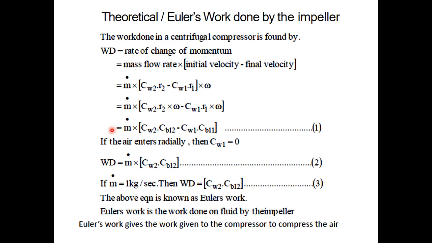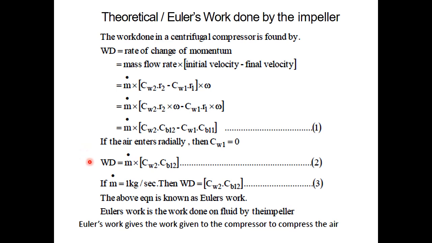Now we know that r omega stands for blade velocity at outlet and inlet respectively. So r2 omega is equal to Cbl2 and r1 omega is the blade velocity at inlet, Cbl1. Substituting that, we get work done equals m dot into (Cw2 Cbl2 minus Cw1 Cbl1), which we name equation number 1.